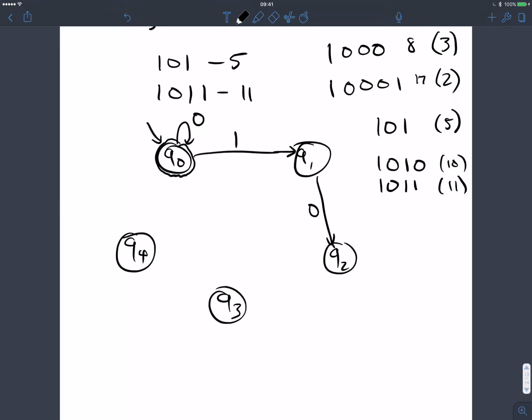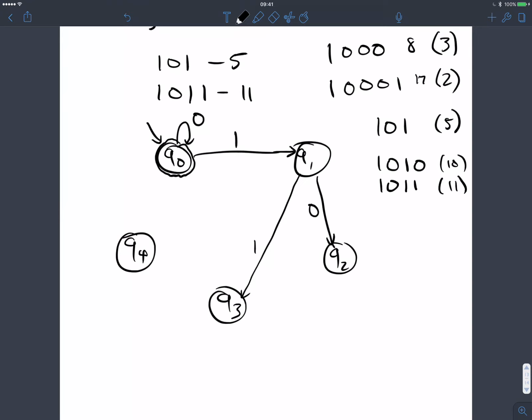From that fact alone, where should I go on 1? Go to Q3. So these problems are nice because once I figured out whatever 0 goes, then 1 is just the next guy in the cycle. Because if I add 1 with a current remainder, the remainder will go up by 1.